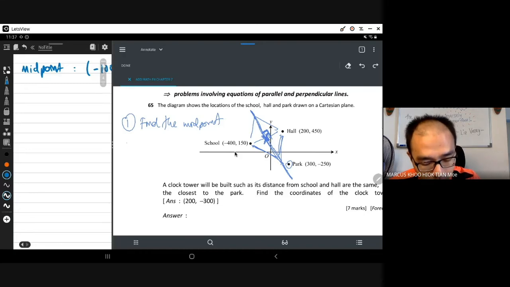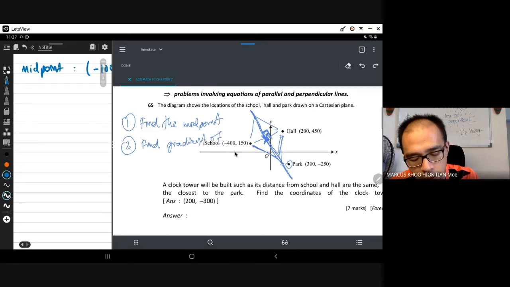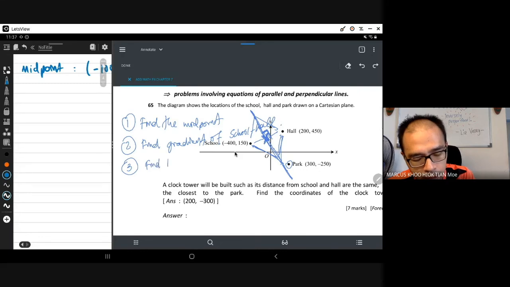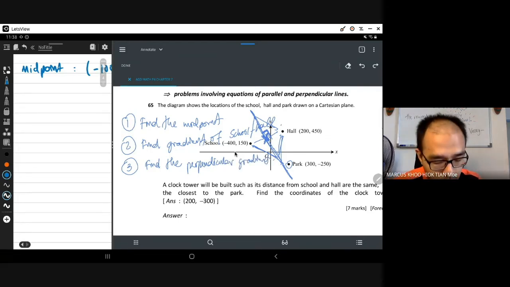So the second thing will be to find the gradient of school and hall. And after you find the gradient of school and hall, find the perpendicular gradient. Can you do that first?